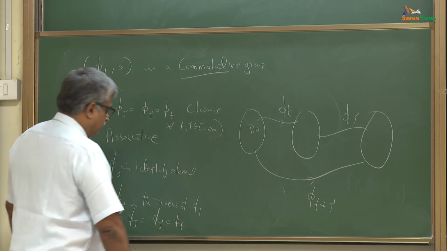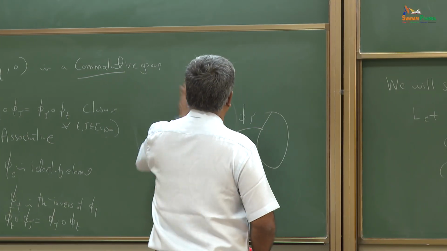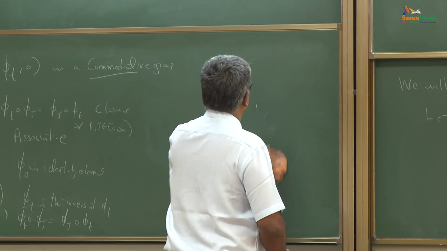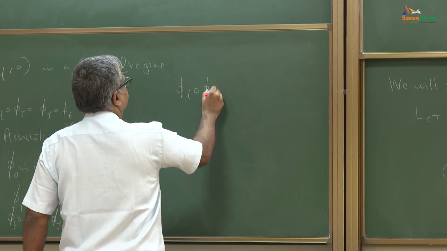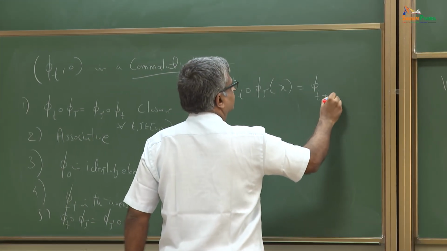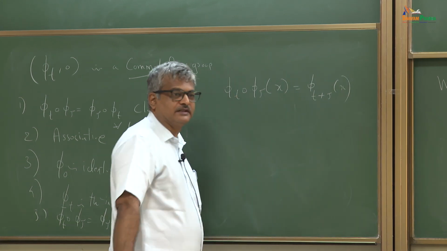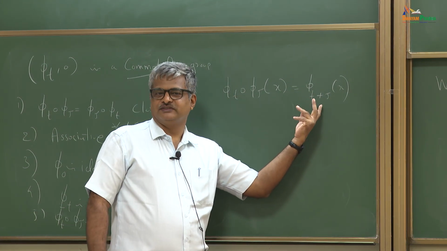Why? Well, what is this? Phi of t composed with phi of tau, acting on point x, is nothing but phi of t plus tau acting on x. I now use the commutative property of the addition of numbers.